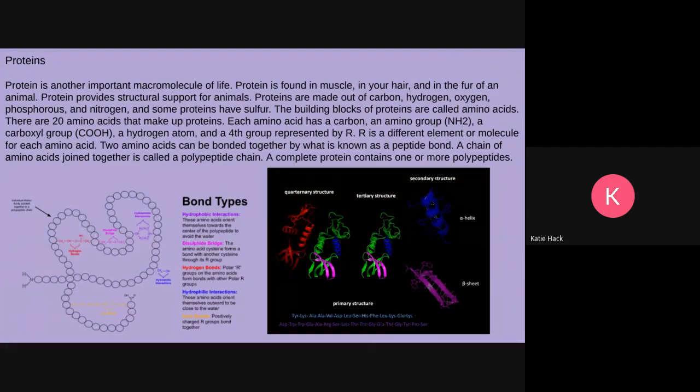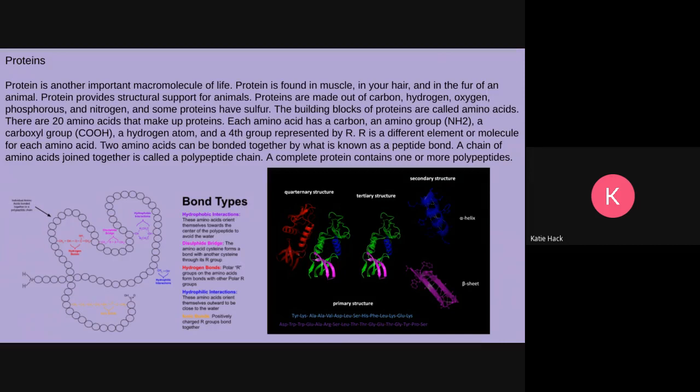The building blocks of proteins are going to be called amino acids. And there are 20 amino acids which make up a protein. Each amino acid has a carbon, an amino group, and a carboxyl group. And then it'll also have a hydrogen atom.